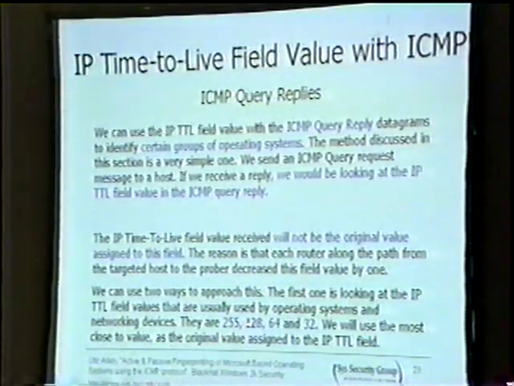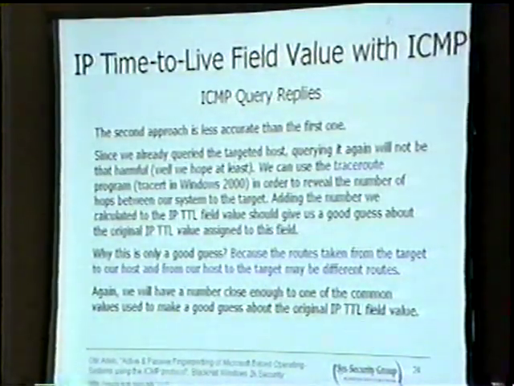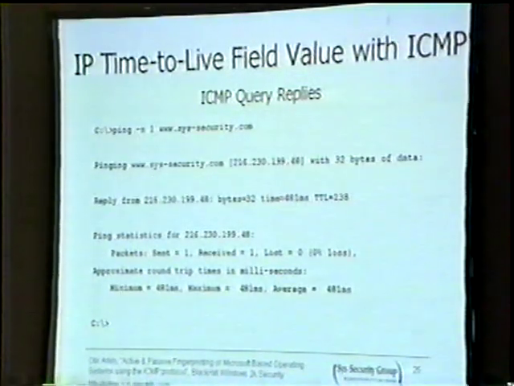It was 255, 128, 64, or 32. So what they claim is, you see the value you get, for example 238, which is the IP time to live field value I got back from my box in Chicago in the hosting facility. You can try to hack it, but they kill you.